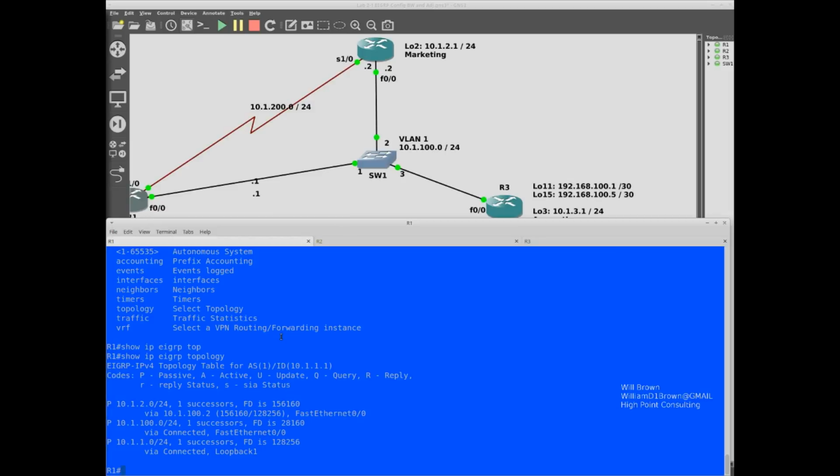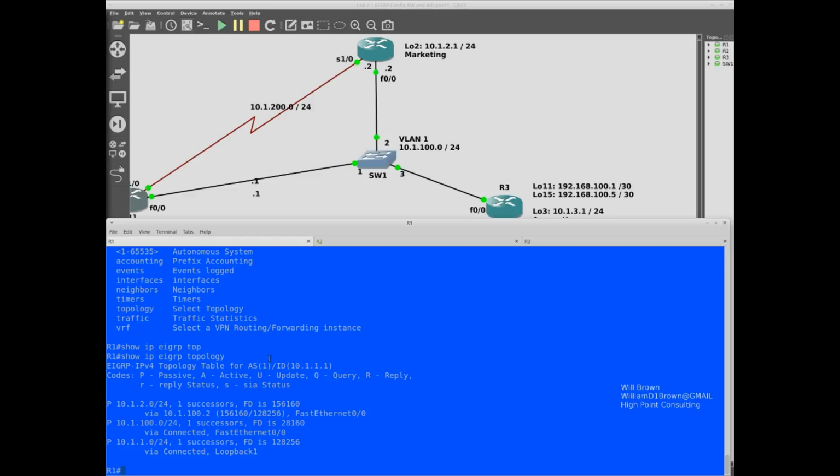Okay, so we'll go back to where we were, which was looking at the EIGRP adjacency between router 1 and router 2, and this is the adjacency in the broadcast segment with that VLAN 1 broadcast.